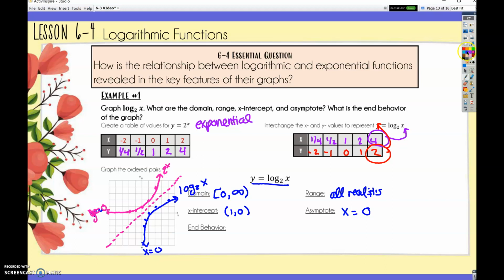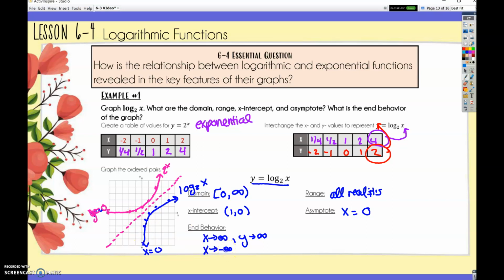Finally, for end behavior, let's just look here. As x goes to infinity, as we ride out here in the blue one, the y value is going to go to infinity as well. But as x goes to negative infinity, as we travel back here, we look at our graph. When we try to have x go to negative infinity, it doesn't. It butts up there.